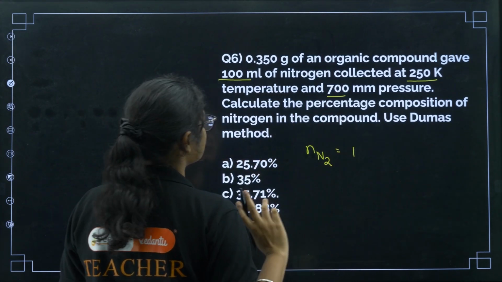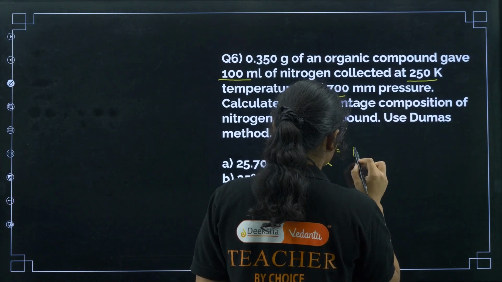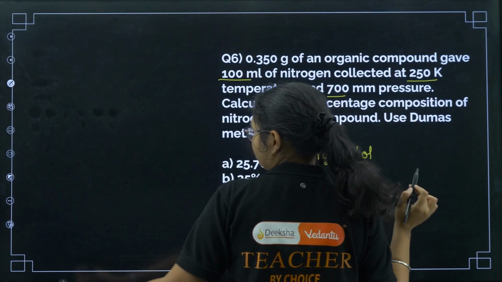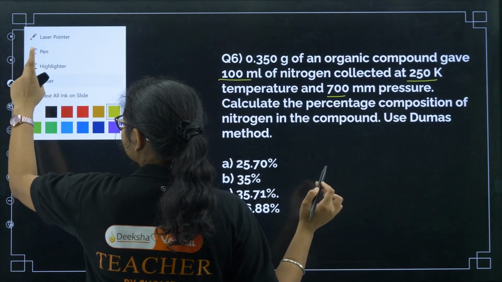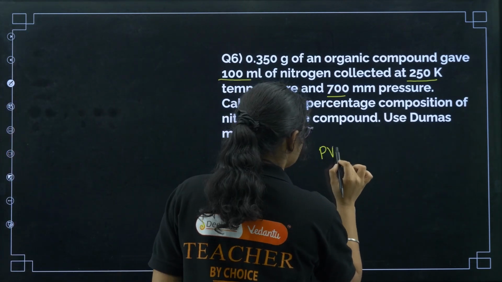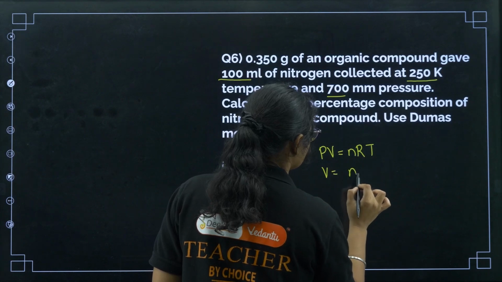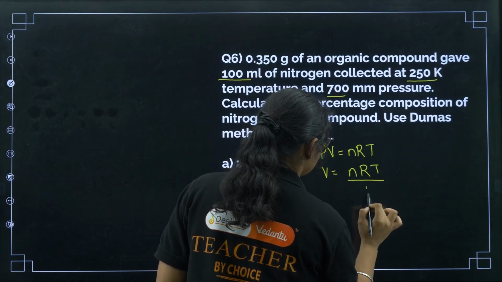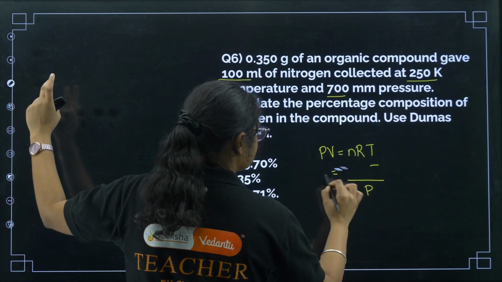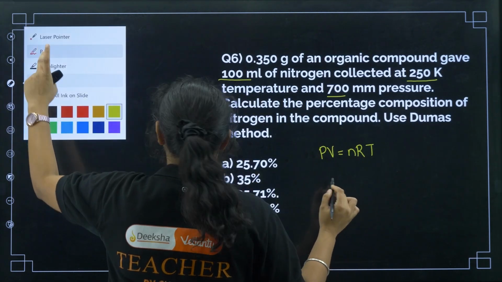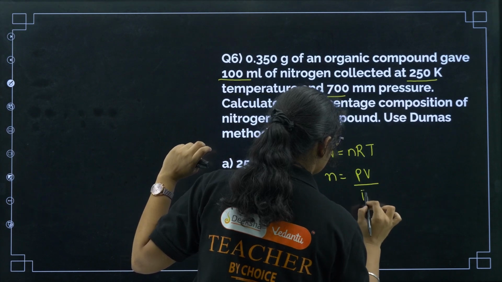This is not at STP, so we can use the equation PV equal to nRT. I want to calculate the number of moles, so number of moles is equal to PV by RT, right?